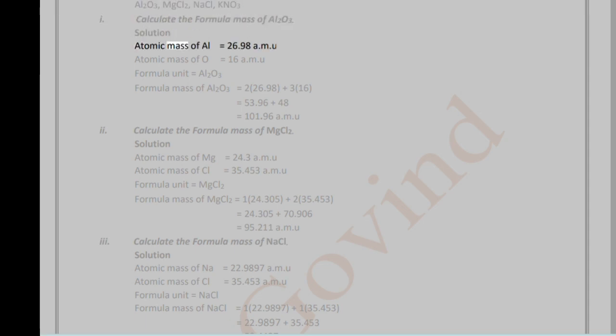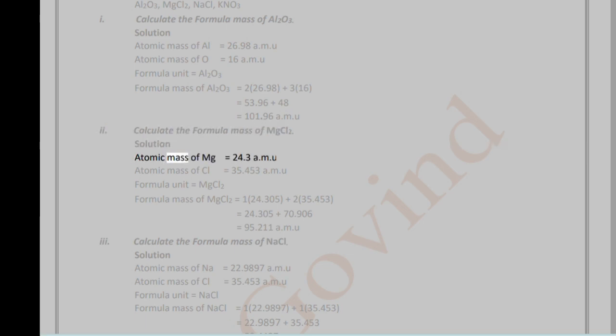Solution: atomic mass of Al equals 26.98 a.m.u. Atomic mass of O equals 16 a.m.u. Formula unit equals Al2O3. Formula mass of Al2O3 equals 2 × 26.98 + 3 × 16 equals 53.96 + 48 equals 101.96 a.m.u.